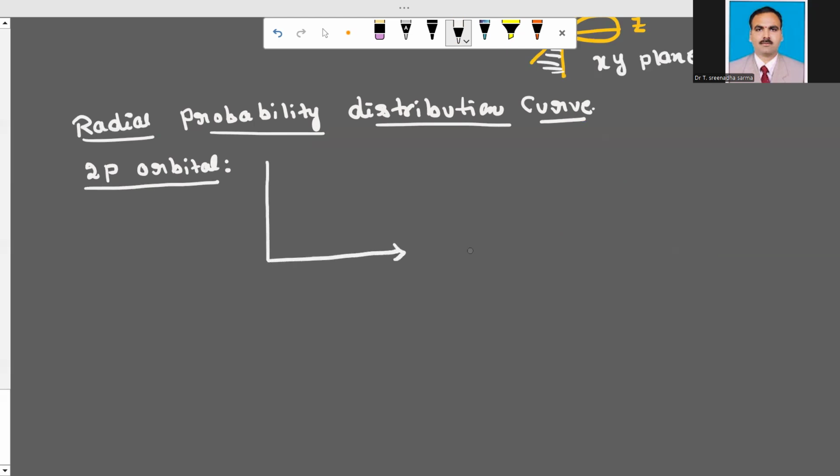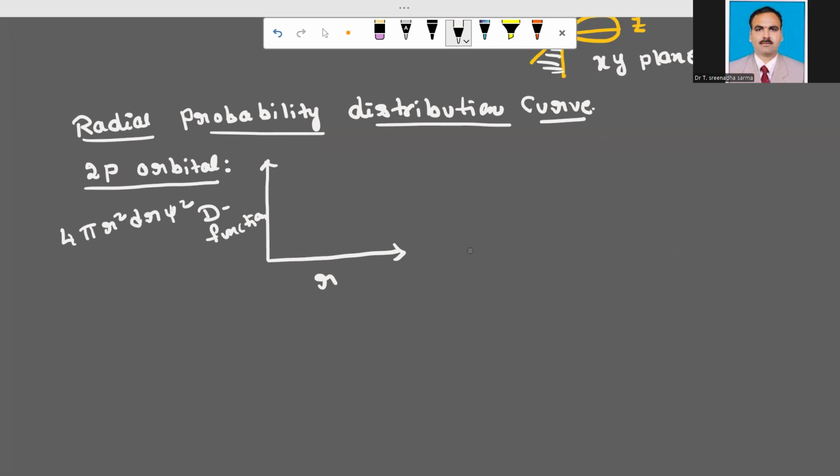On the x-axis, I have to take the radius. On this axis, the radial probability distribution, 4 pi r square dr psi square value.